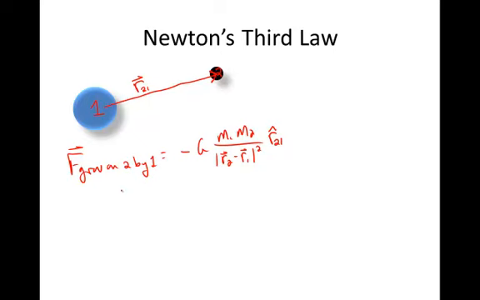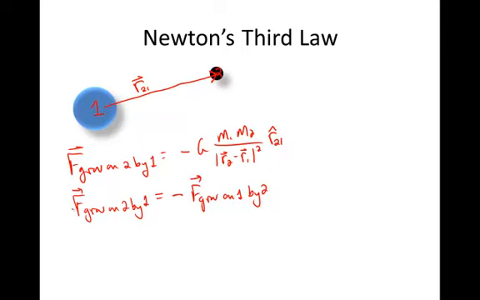The magnitude is the same for both cases. The only difference is in the direction, and the direction is just going to have a minus sign. So we can say that F grav on 2 by 1 is equal to negative F grav on 1 by 2. They are equal and opposite.